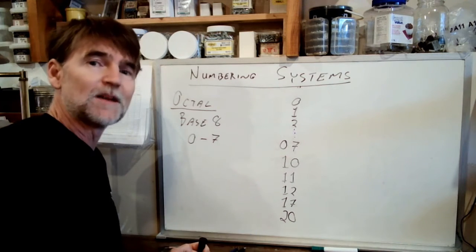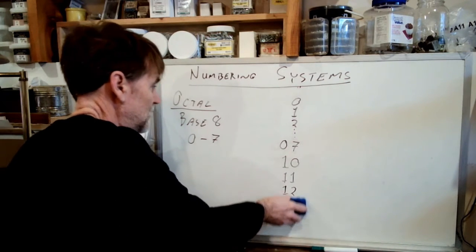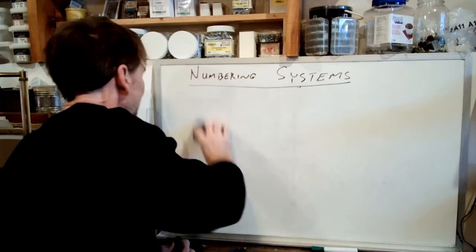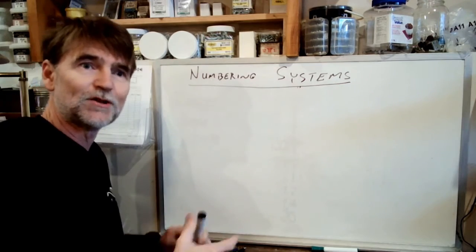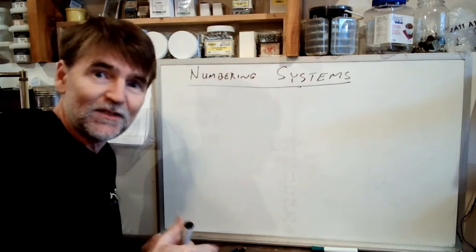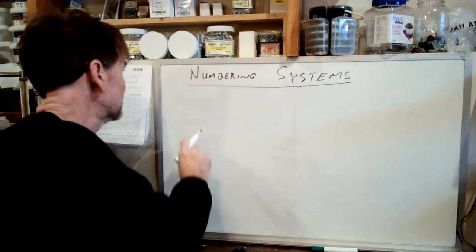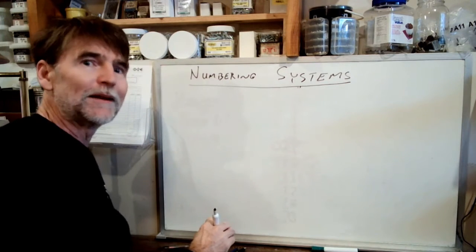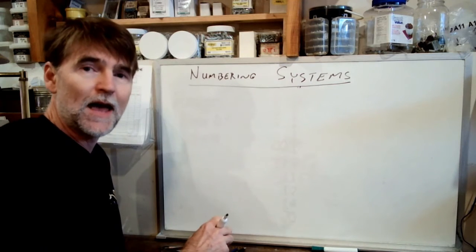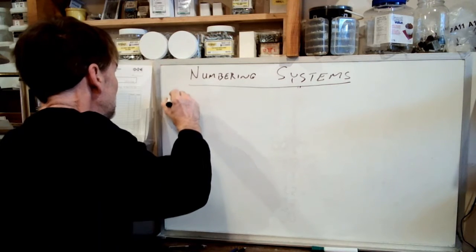Let's move on to something that does exist, still has use and value. Octal still exists, it just doesn't have a lot of use. The next one, you've probably heard this term, maybe not had it explained as to how it functions.